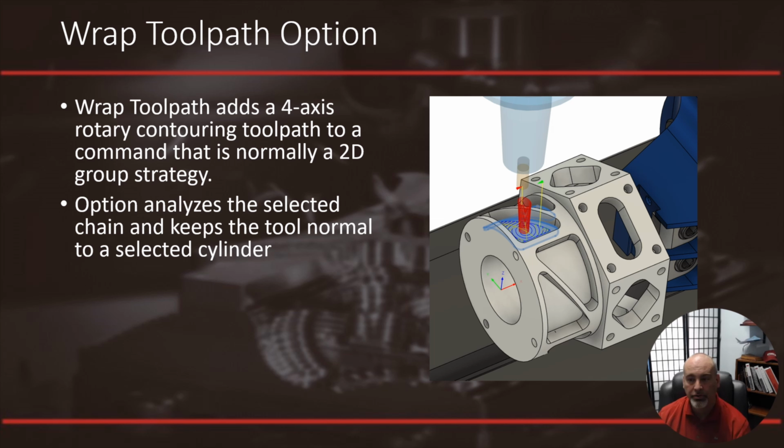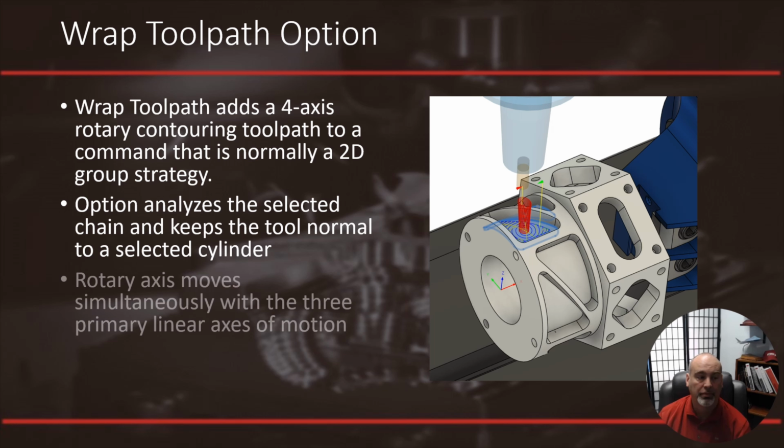It's important to note that you do have to have a 4th axis for this command to function, and we'll be outputting either A, B, or C codes telling the rotary to spin. And these rotary axes are full 4-axis moves, so all axes can move simultaneously with this command.